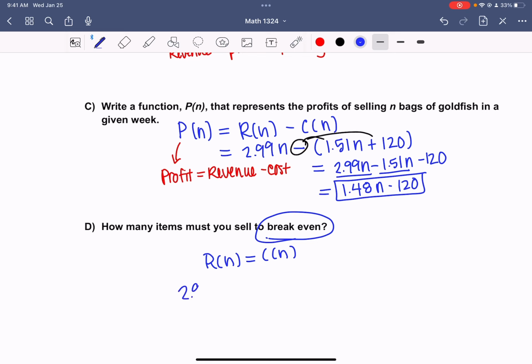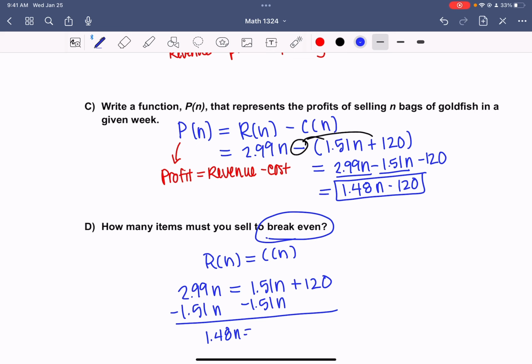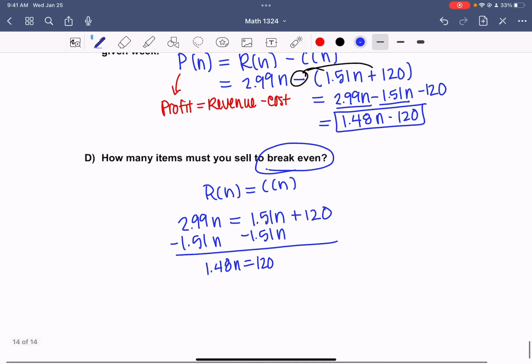So I'm going to take my revenue function, which is 2.99N, and set it equal to my cost function, which is 1.51N plus 120. And then we're just going to solve for N. So I'll do minus 1.51N, and that gives me 1.48N equal to 120. And then just divide both sides by 1.48.